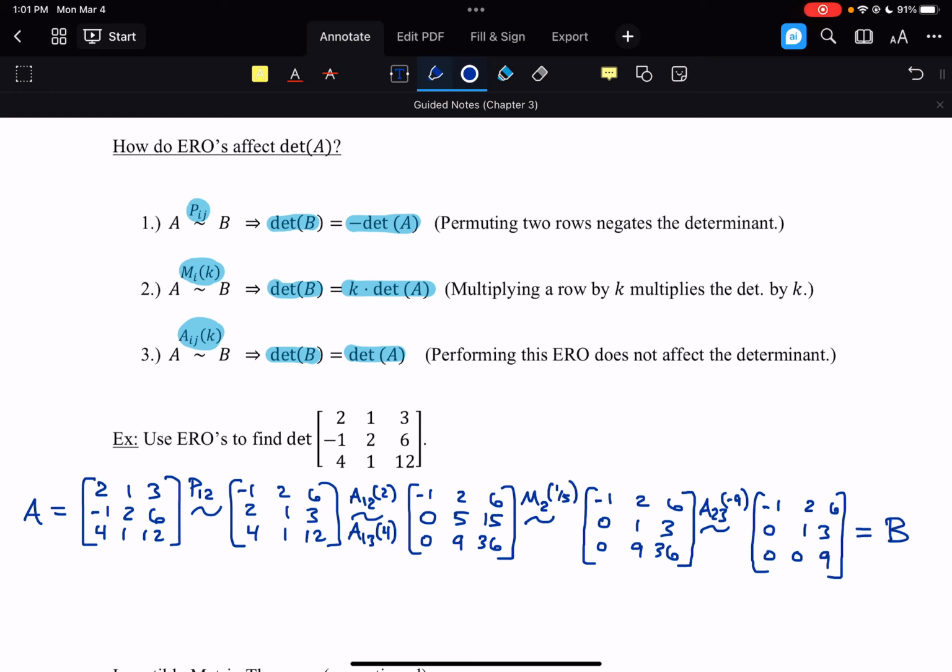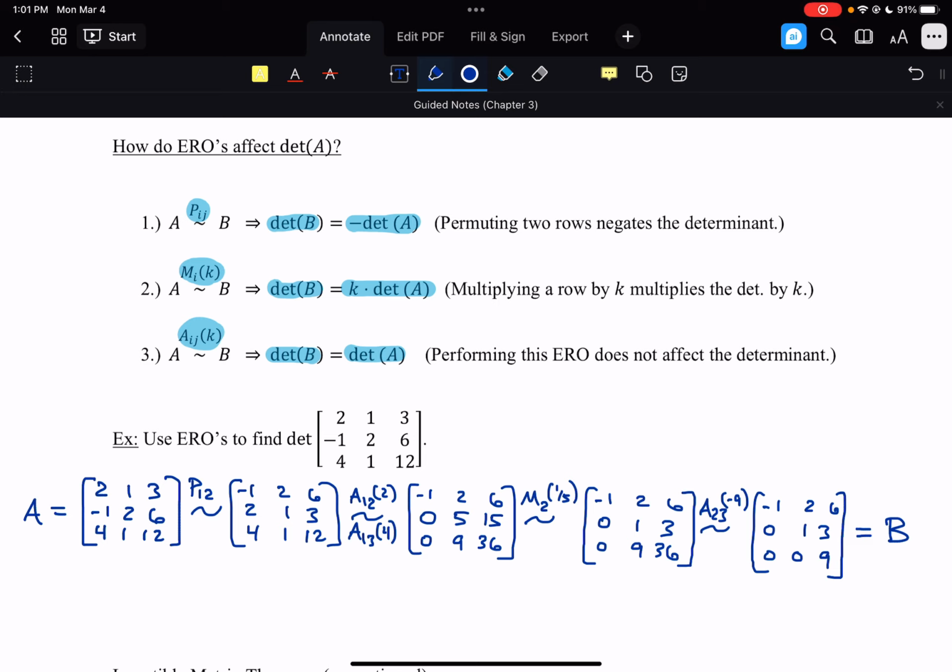Now, it's not perfectly in row echelon form, right? This isn't a positive 1, that isn't a 1 at all. But we didn't need row echelon form. What we wanted was upper triangular, which this is. This is an upper triangular square matrix.